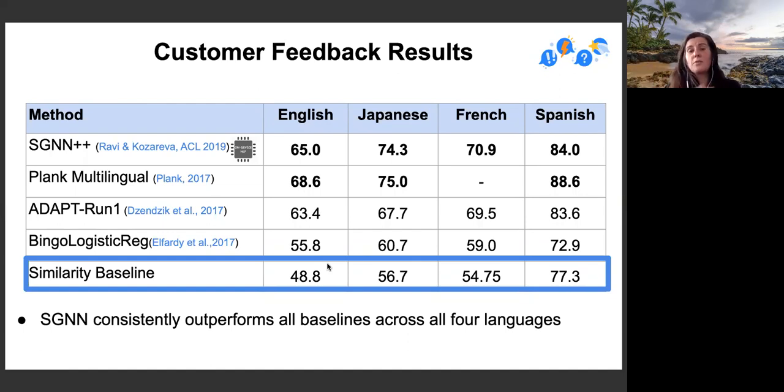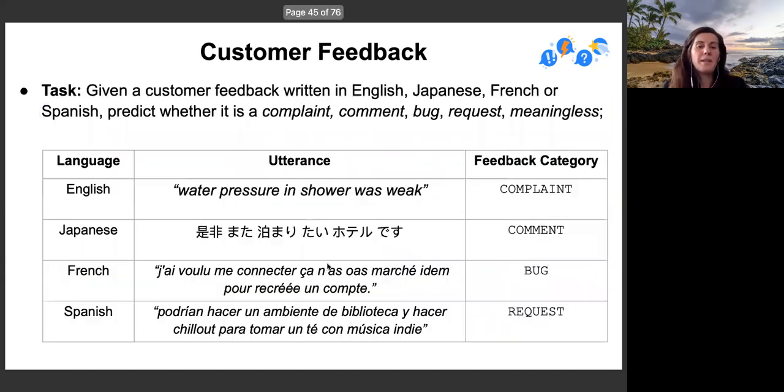They say, if my sentence is similar to this one and the label is, let's say, comment, then that's the label for my sentence. That's what's called the similarity baseline, right? If you do something like that, your model does well, from 48% on English to 70% on Spanish, but definitely it needs some additional work to make it better.